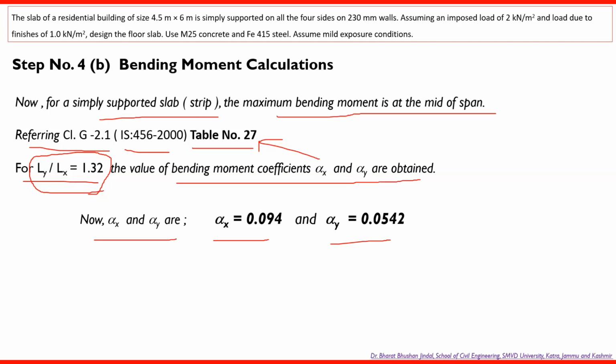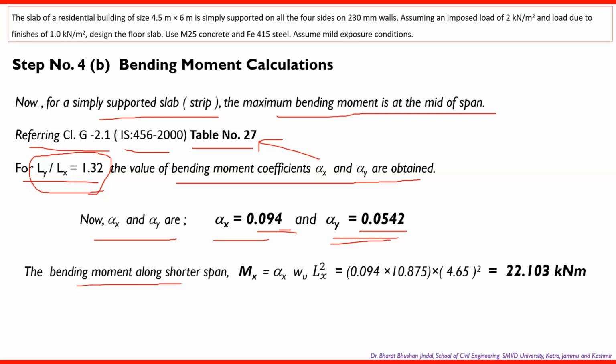Keep in mind that when we say x direction, it is parallel to the shorter span, and alpha y is the bending moment coefficient along the longer span. After doing the interpolation from the values given in Table 27, we get alpha x equal to 0.094 and alpha y equal to 0.0542.